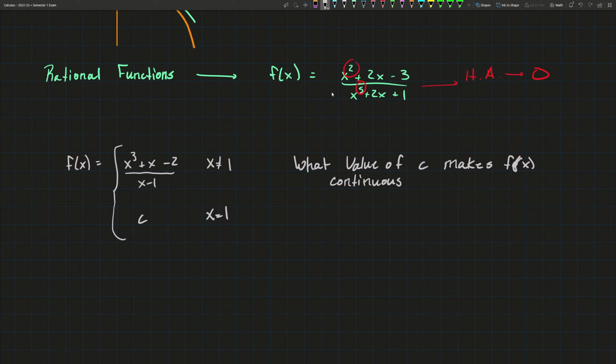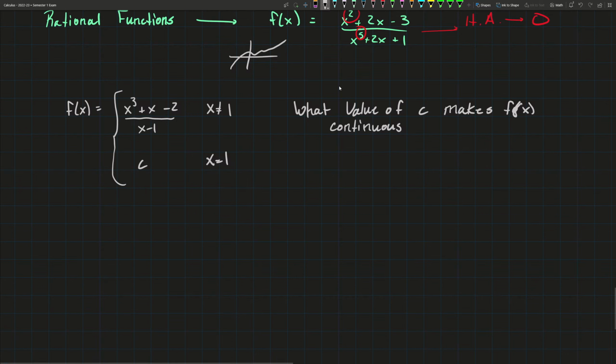Honestly, this isn't that big of a deal. In order for things to be continuous, you can't pick up your pen when you draw them. So it can look like a lot of things, but there has to be a point at every spot.